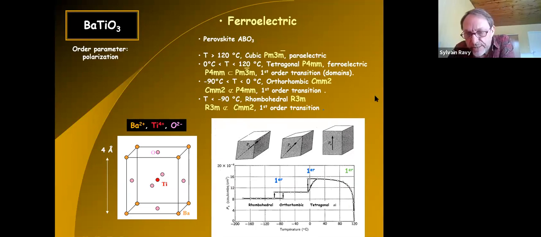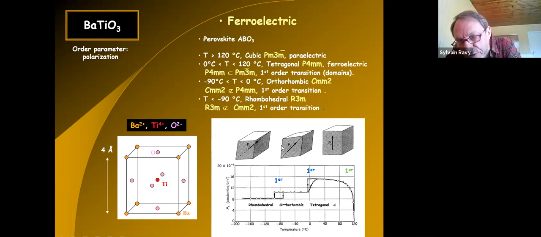And here you can see the polarization, which is actually the order parameter of this transition, as a function of temperature. This is explained here with the groups, but you can see that the polarization is in the 4-fold direction here, in the 2-fold direction here, and the 3-fold direction here.